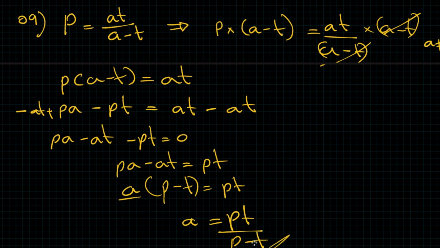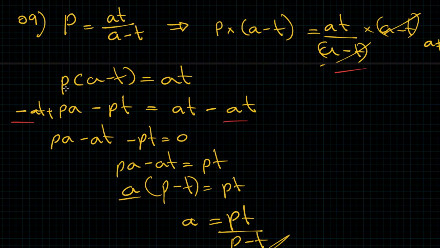You don't need to write all the steps here. For example, this part is extraneous, you don't need that one. You can directly write this one. You can say, okay, I will bring A minus T here, and then you don't need to write this step as well.